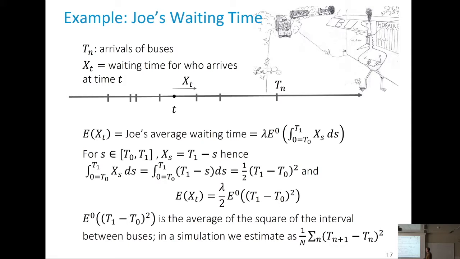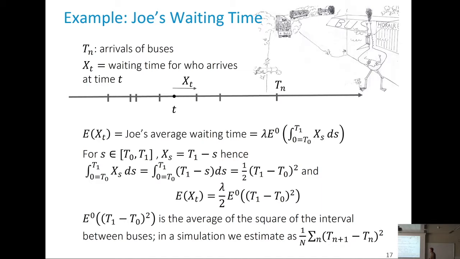When a time s is between t0 and t1, the waiting time is t1 minus s. Right. So I have to compute the integral from t0 to t1 of t1 minus s ds. Here there's no probability, there's no Palm calculus, it's just an elementary integral computation.